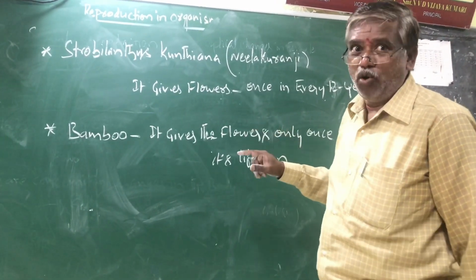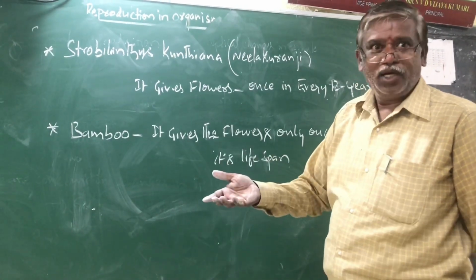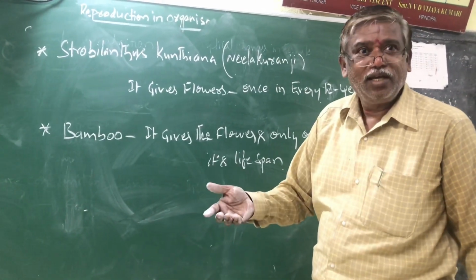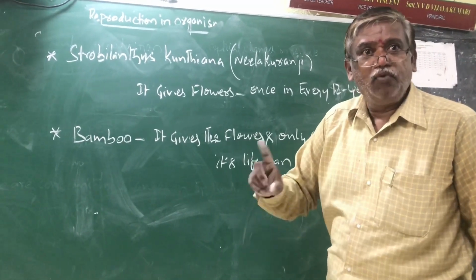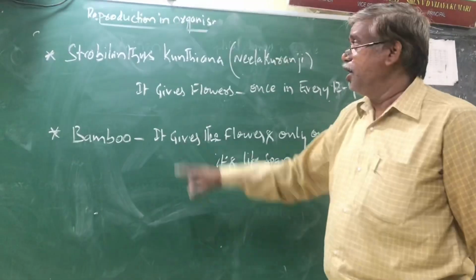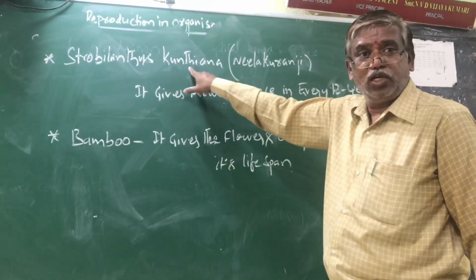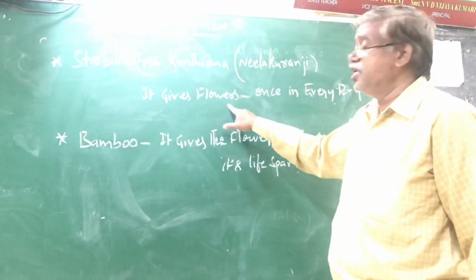In mango, neem or citrus, once the reproductive phase starts, they flower every year. But Strobilanthes kuntiana flowers once in 12 years.